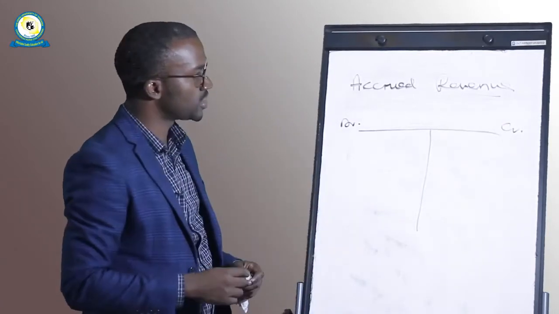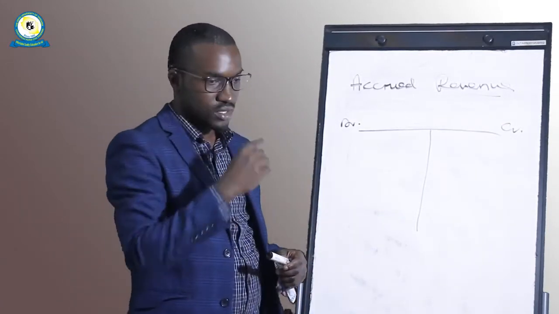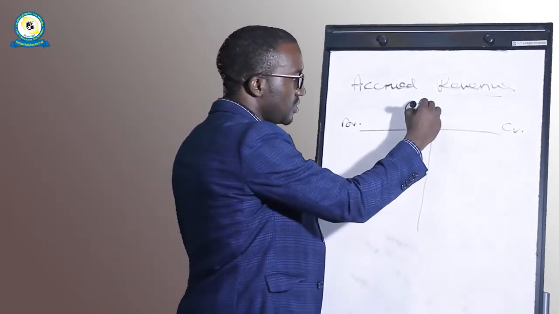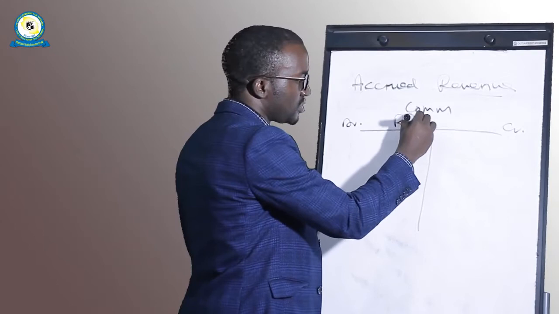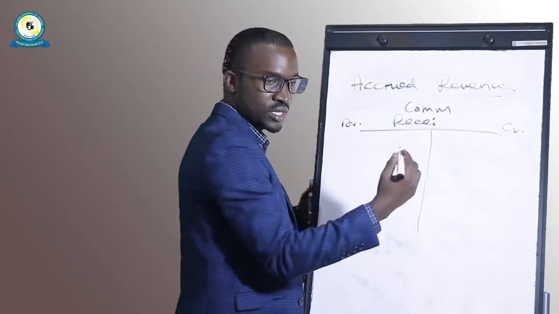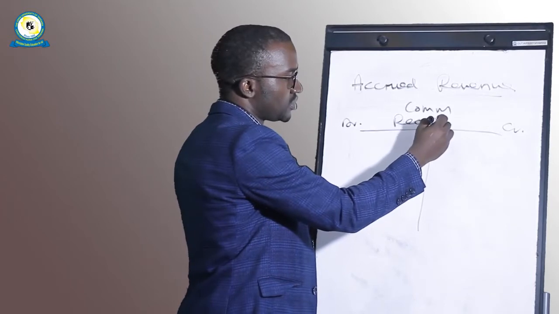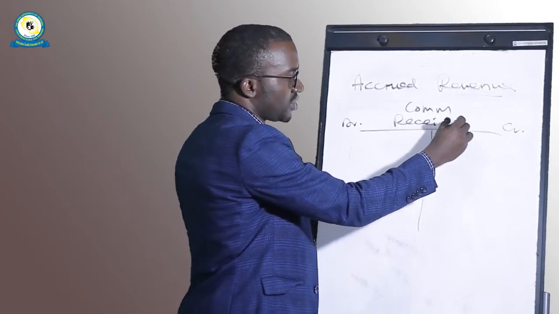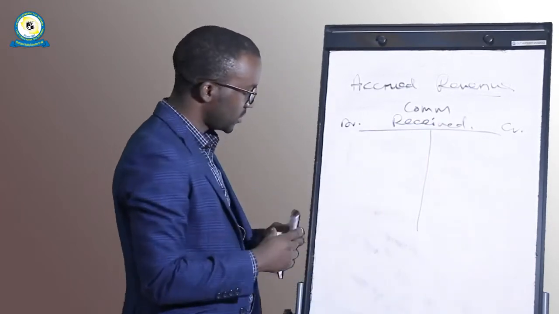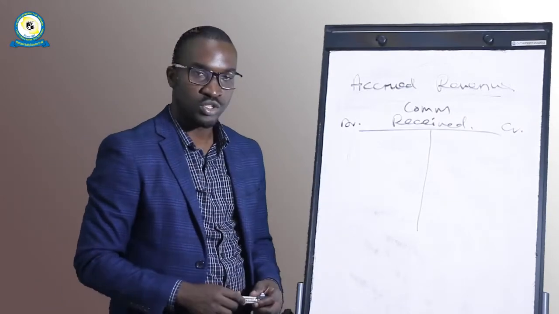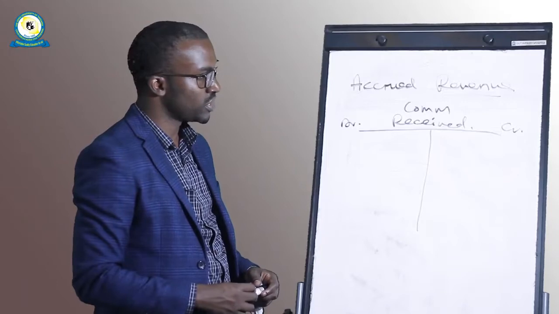Now remember, our aspect here is accrued revenue. So this is your commission received. Commission receivable owed. Let us write commission received. It is an account received, accrued revenue. We know that revenue has a nature of credit.